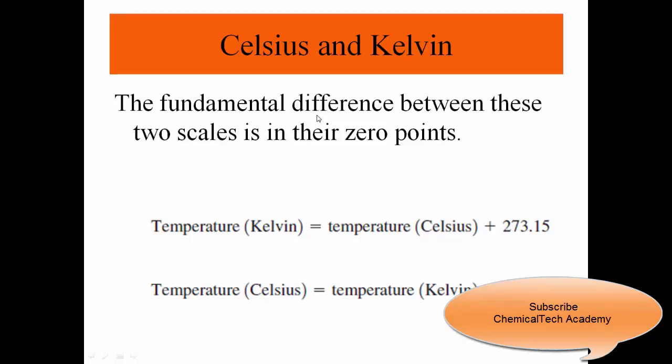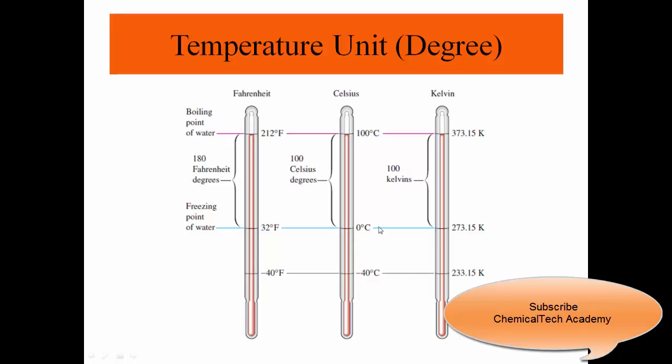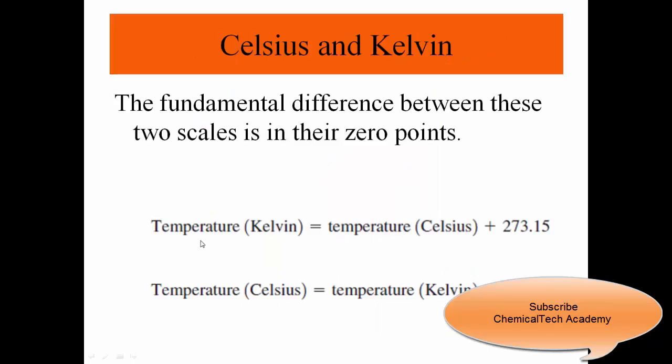The fundamental difference between these two scales is in their 0 points. So temperature in Kelvin is equal to temperature in Celsius plus 273.15. On the other hand, when we want to convert Kelvin to Celsius, temperature in Celsius is equal to temperature in Kelvin minus 273.15.